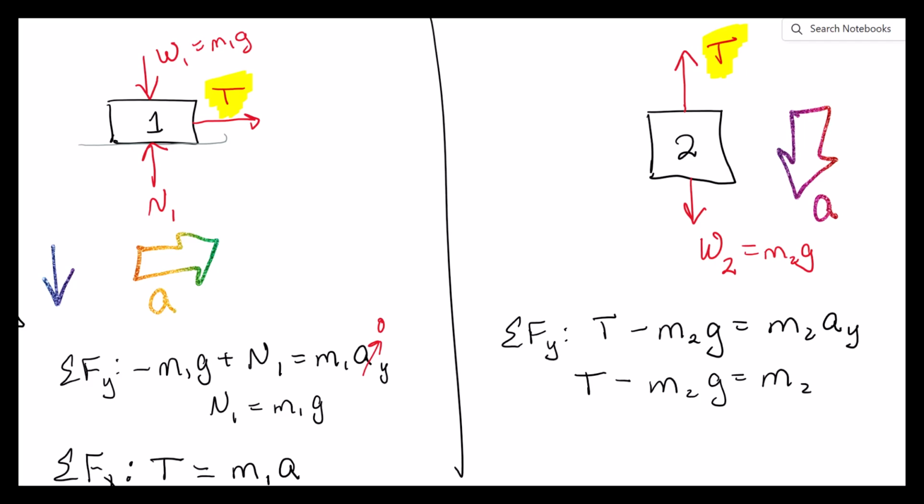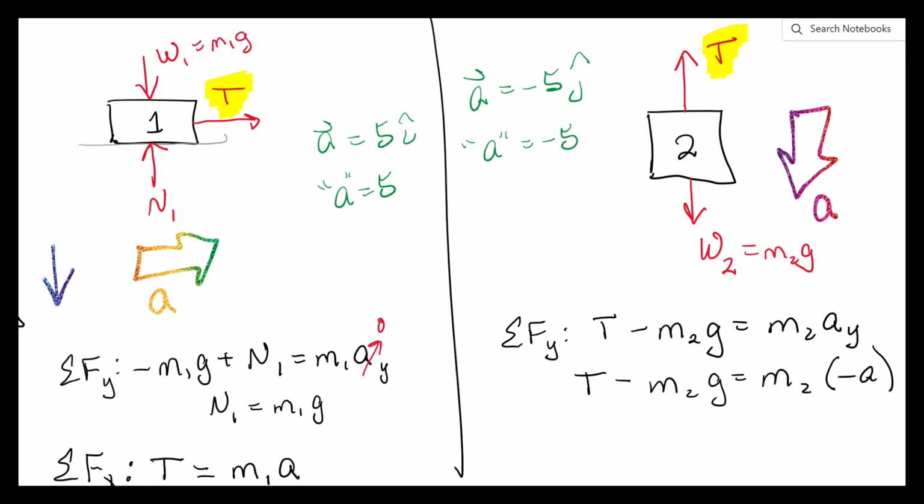We gave the example that here it would be 5 i hat, and here it would be negative 5 j hat. So here A is 5, and here A is negative 5. So I'm going to put that in as negative A, because if I'm writing it in the same terms of A as the other guy, this is a downy A, not an uppy A. So this A is going down.